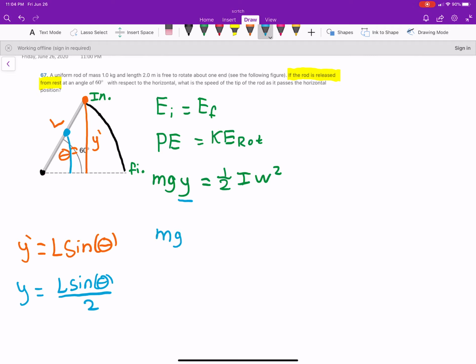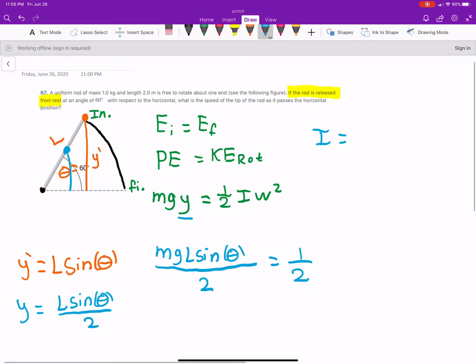We have mg L sine theta divided by 2 equals 1/2. Okay, so we're going to need to know the moment of inertia for our rod. And the moment of inertia in this case is just going to be mL squared divided by 3.